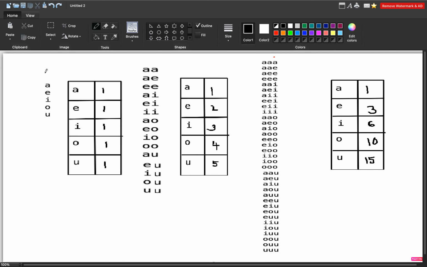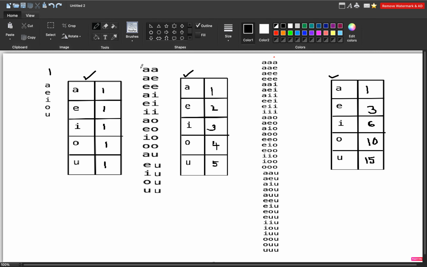If you see that the length of the string is 1, in this test case, what we are storing in this array is the total number of strings which end with a, e, i, o, u. In this test case, the total number of strings ending with a is 1, similarly e is 1, so all are 1.